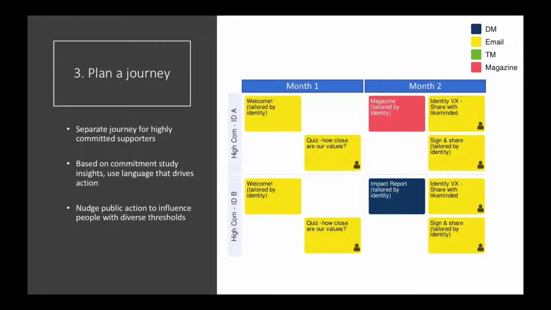And that's the plan. So in month 2, you'll see that I've added 2 emails. One maybe offers them a value exchange, some information around something they care about, and we ask them to share it with like-minded people. So that's a softer ask to get them engaged. But then you can push harder and ask them to sign a petition and share it with other people, with everyone that they know, not just like-minded people.